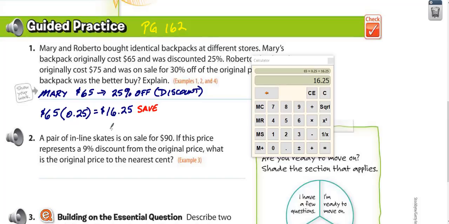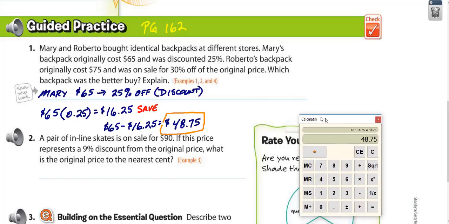To figure out what she's going to pay, we take the $65 and subtract the $16.25. She has a final price of $48.75. This is how much Mary pays.